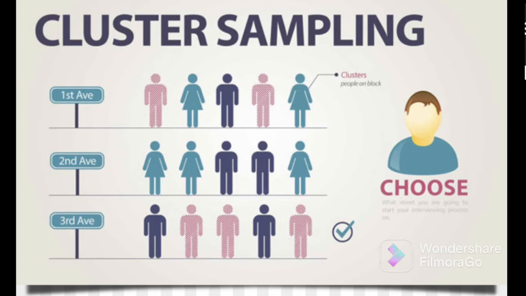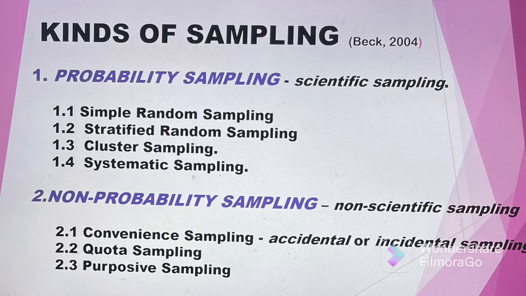In a systematic sampling, you can use different systems so that you can establish the objectivity of selecting the elements for your sample. Say, for example, you can use the computer to finally choose the elements for your sample. You can also use paper and pencil. You can also use the bowl.